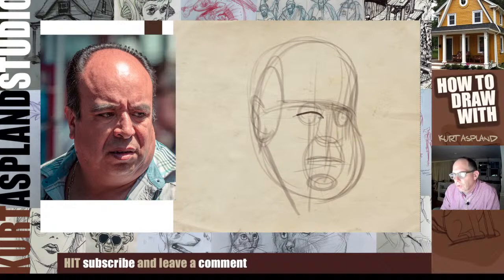And when I'm drawing eyes, I am thinking of going around the form, going around the eyeball there.